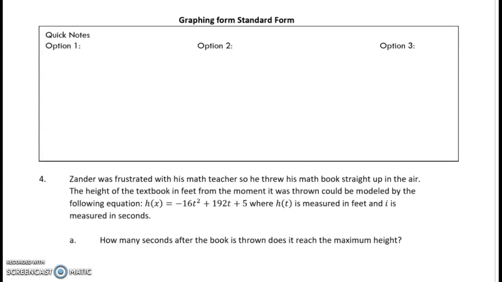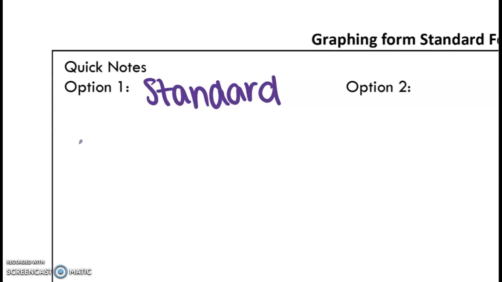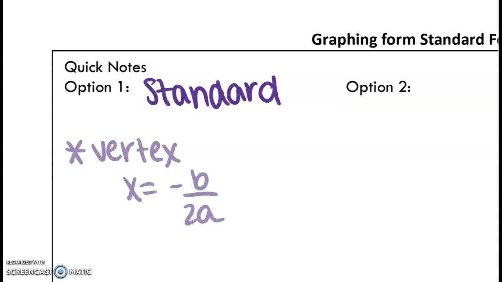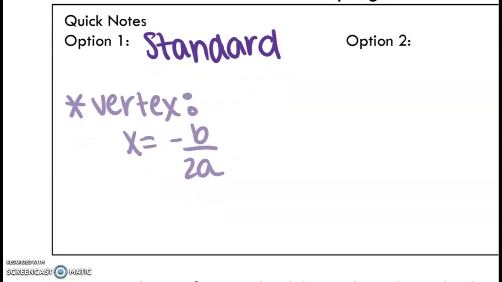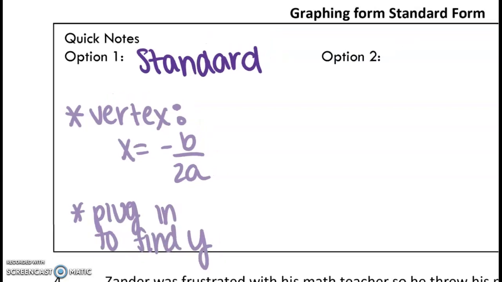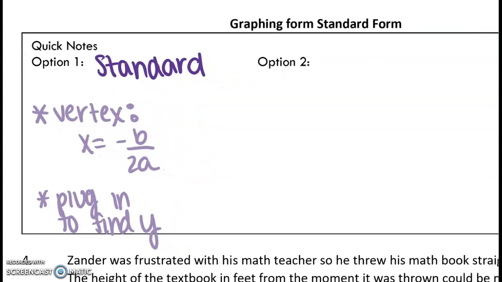So you have 3 options. You can graph from standard form to find your vertex: x equals the opposite of b over 2 times a, and then plug in to find y. You can factor. That brings you to intercept form, so that's what we talked about yesterday.